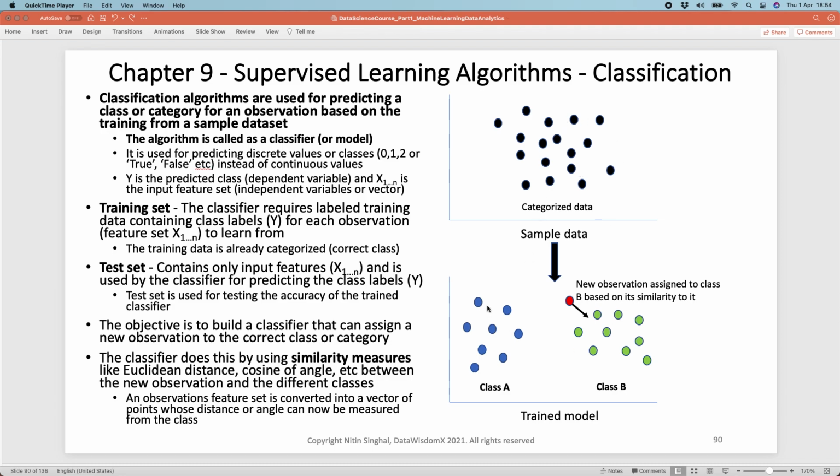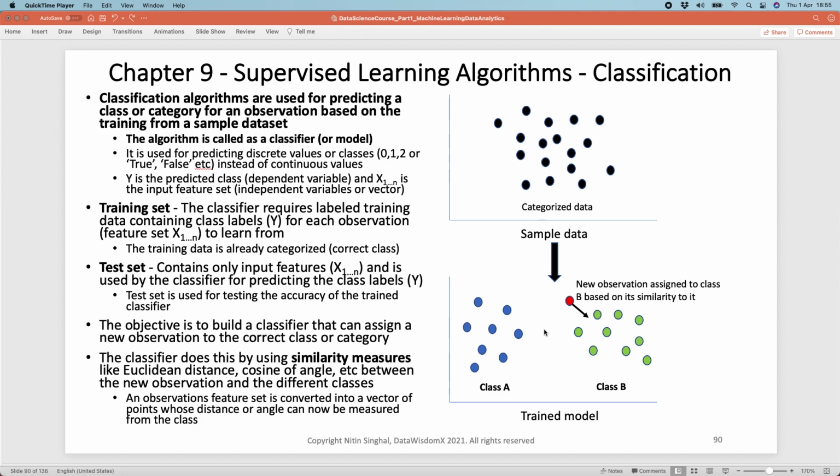So effectively, the result will be two classes A and B, with a set of points assigned to class A, another set of points to class B. Now, what happens is that if you get a new observation, a new data point, the classifier will then see the distance of that point from the points of the two classes. And in this case, you can see that the red point is closer to the green points compared to the blue points. It's a pretty obvious distance measure. So it will assign it to class B.